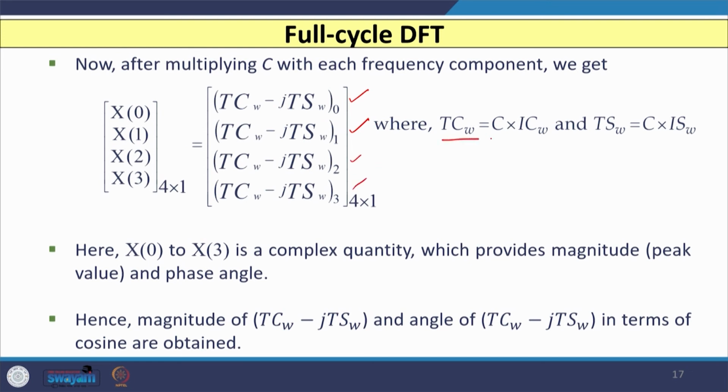So, TCW is nothing but C into ICW and TSW is nothing but C into ISW. Whatever values you obtain, x0, x1, x2 and x3, are complex quantities and provide the magnitude, that is the peak value, and also the phase angle.